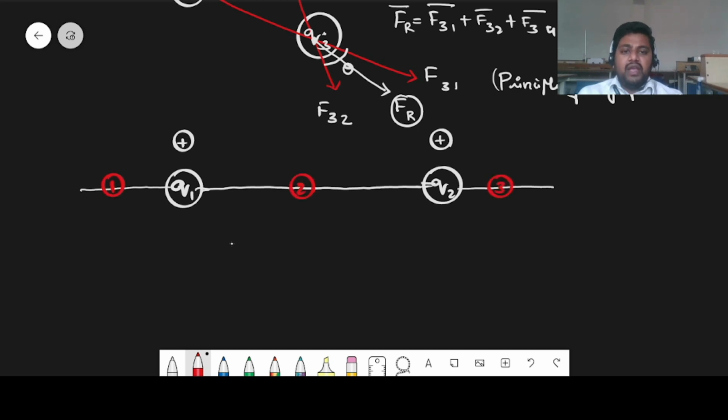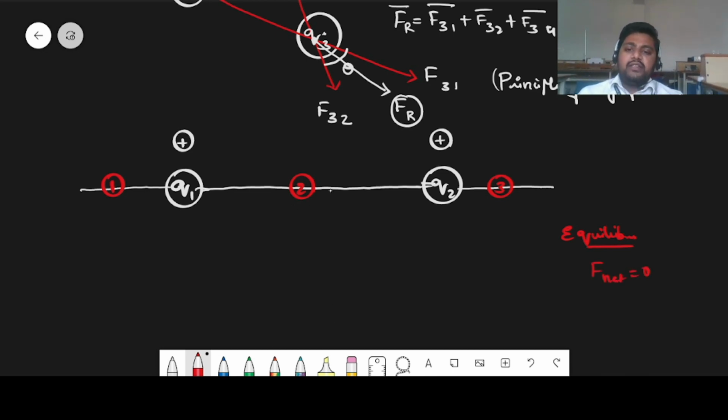In all three regions, we can keep another charged particle, but we have to find a position in such a way that the force acting on that charge should be 0. Then only we can say it is in equilibrium. Equilibrium means F net being 0.